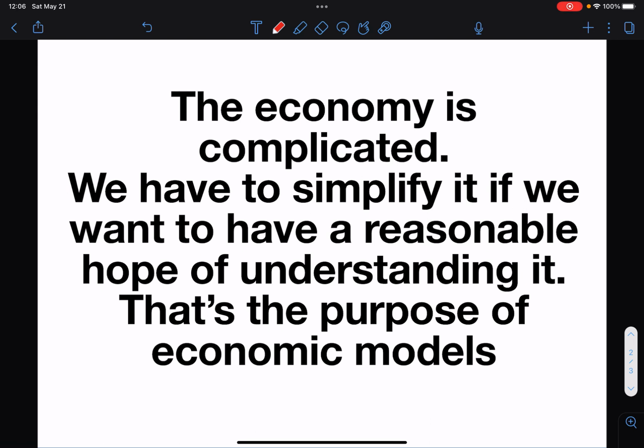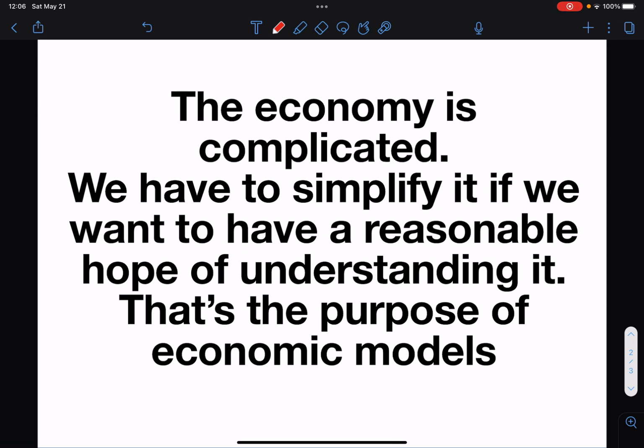So we simplify. Economists focus on only those bits that they are interested in studying. That process of simplification results in what we call an economic model. And that's just a simplified version of a piece of the economy that we can use to help us understand what is going on in the real economy.